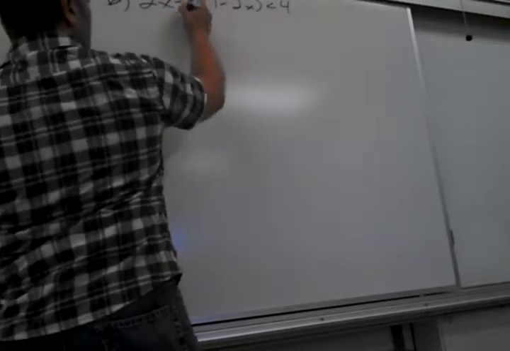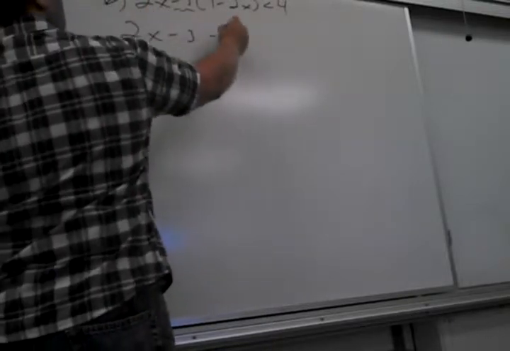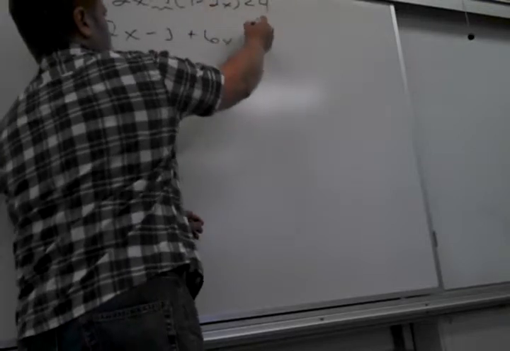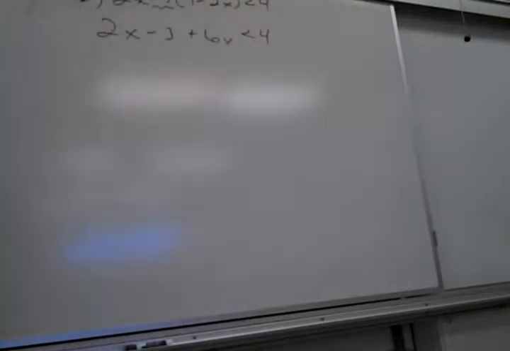So on a couple papers I wrote, why did you solve a different problem? What's the only thing I have to distribute here? This is 2x, and then minus 3 gets put through. That's the only thing multiplied. So then I get 2x minus 3 minus 6x, right? Yeah, negative plus. That's a really easy mistake to make.